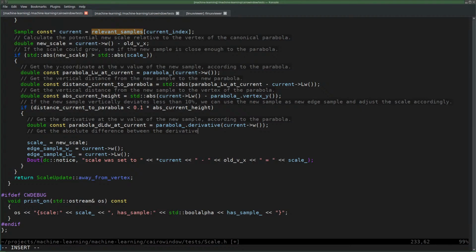Let's call it S1. That means at this point here, at x equals 1 has a y coordinate of S1.